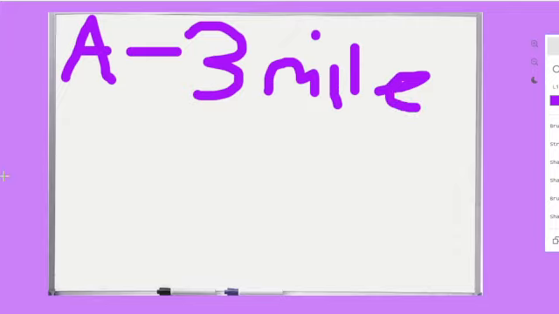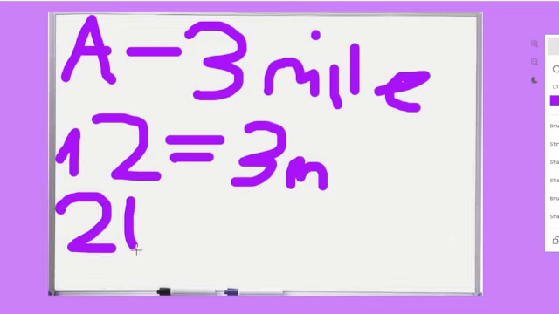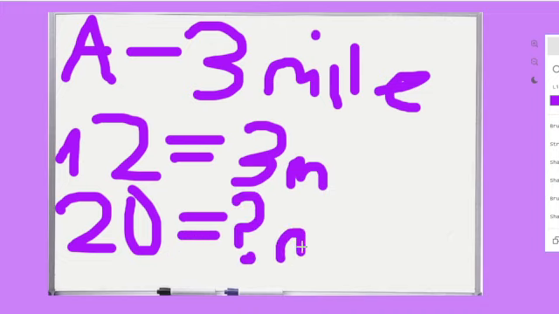Let's see how many miles 20 is if 12 equals 3. If 12 laps equals 3 miles, then how many miles is 20? Not 20 miles, 20 laps.